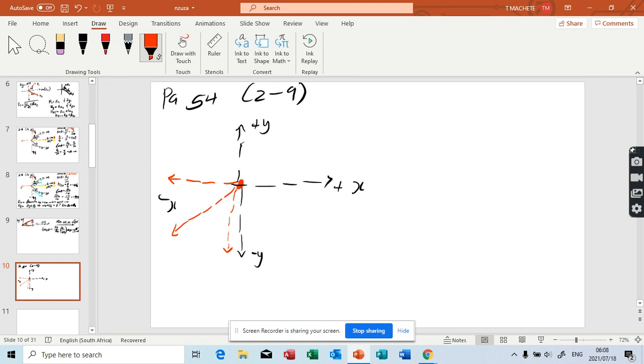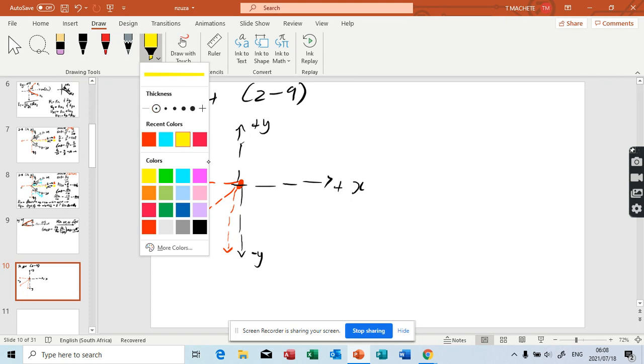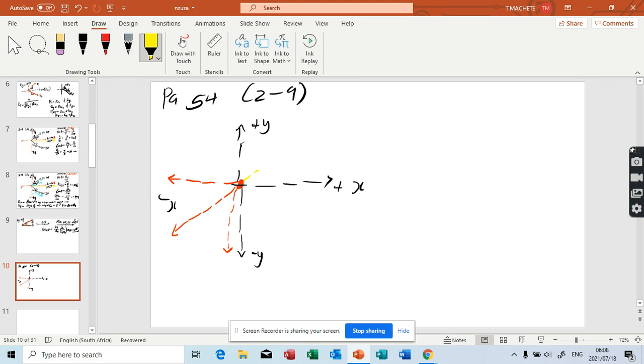I'm going to use different colors for the three resultants. This one here we are using yellow, going up here and going there. You understand why I'm doing this, right? Then let's use black for this one.